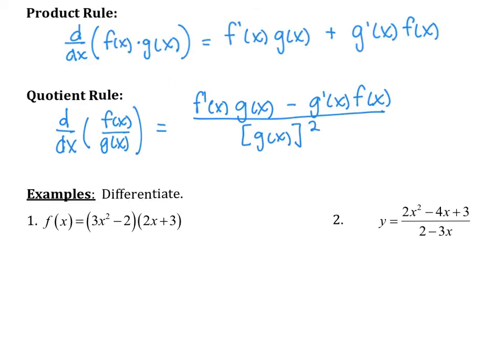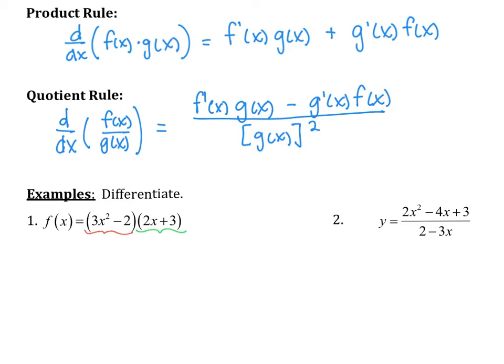All right, this first one. The first thing you probably see is a product rule. So we are going to do product rule. I'm going to use this 3x squared minus 2 as my f of x. And then I'm going to use my 2x plus 3 as my g of x.